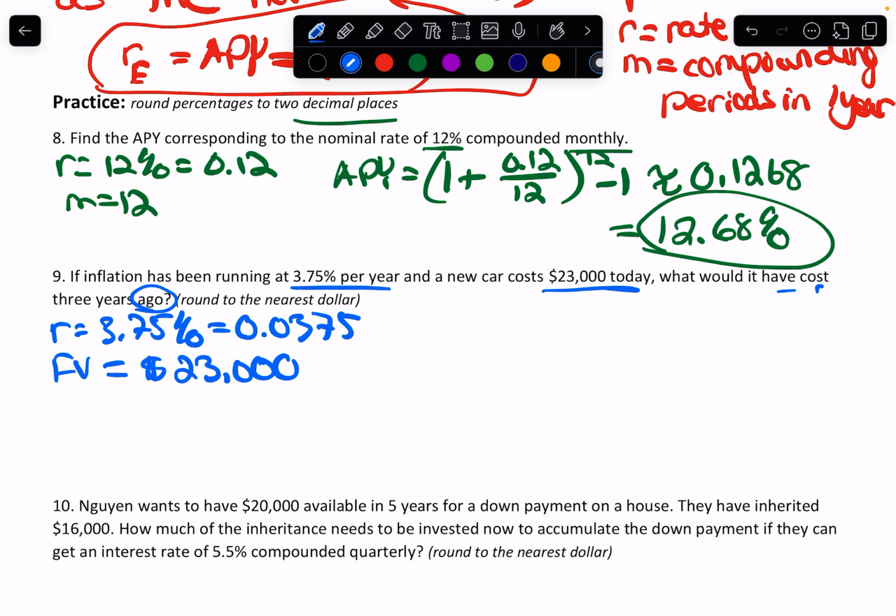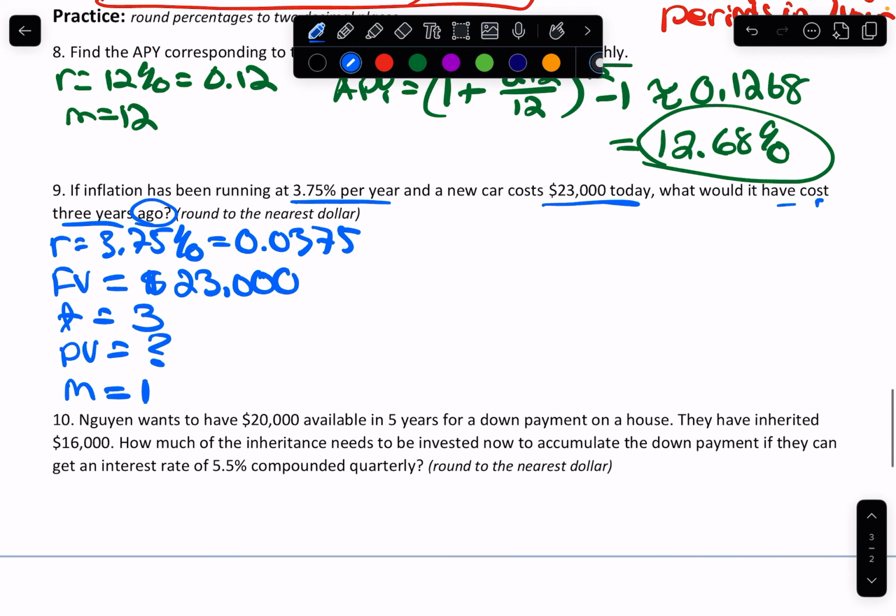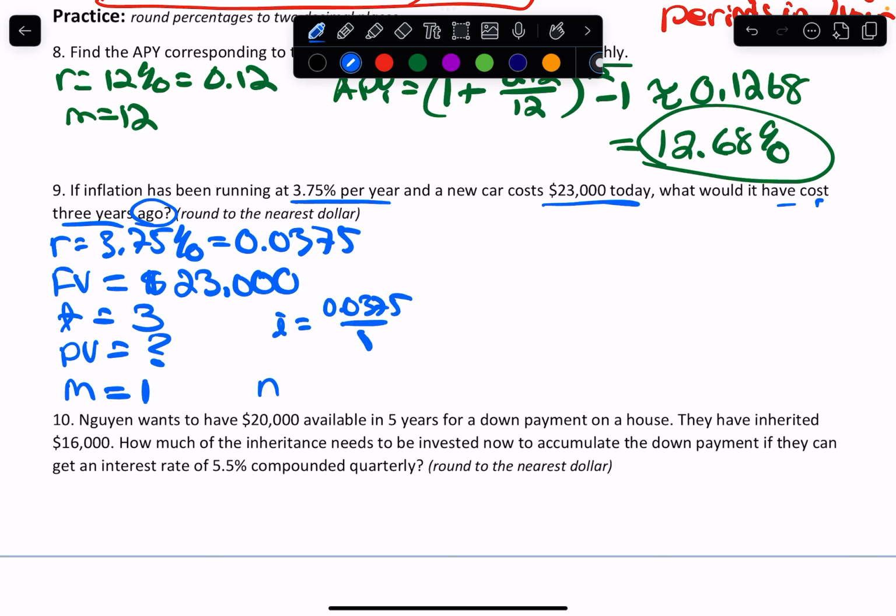So our time here is going to be 3. We don't know, it's asking for the present value. Our M is going to be 1. So with this, our I is going to be 0.0375 divided by 1. And our N is going to be 1 times 3 equals 3.